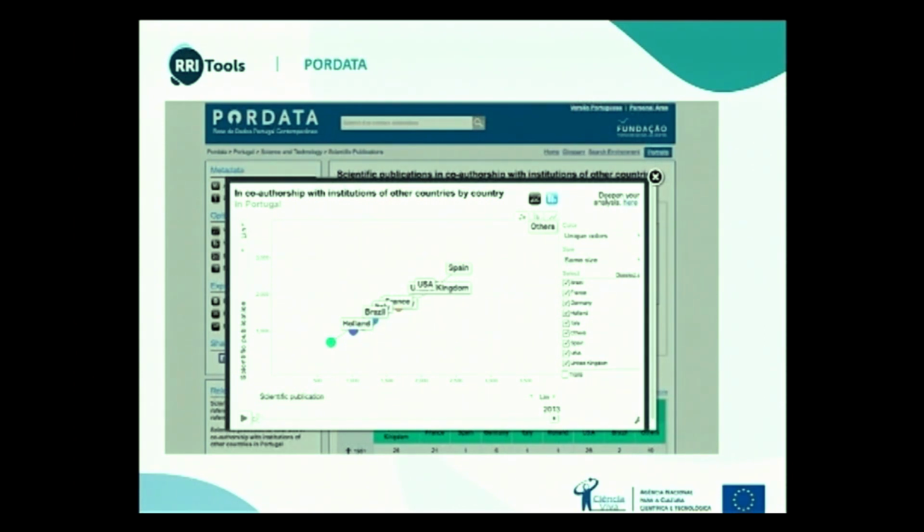All of these databases have a side menu with metadata. And for instance, this includes a really cool thing. It's a glossary of the indicators where you can see what exactly is being measured and understand it because it's put in really clear ways.